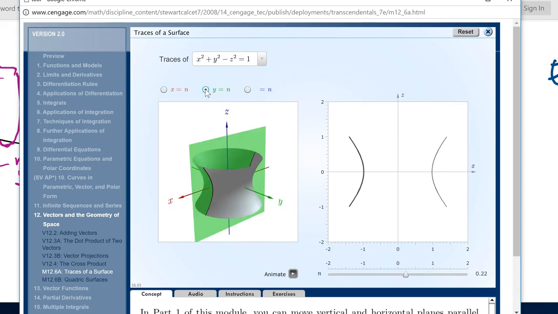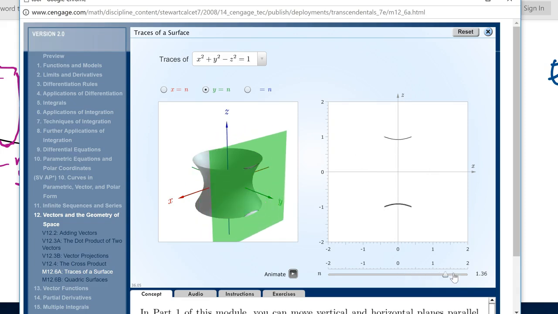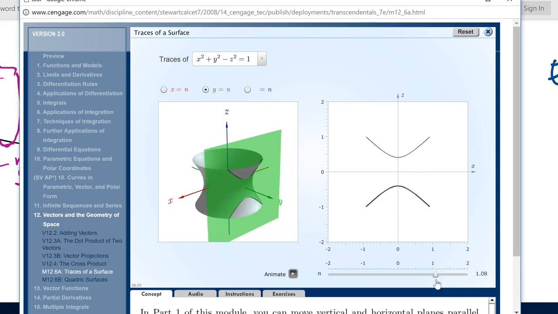So now if I let y be different values, you're looking at y equals a constant. See up here, y equals n, y equals a constant. These are planes. Remember, like y equals 2 is a plane that goes through 2 in the y direction. Okay.